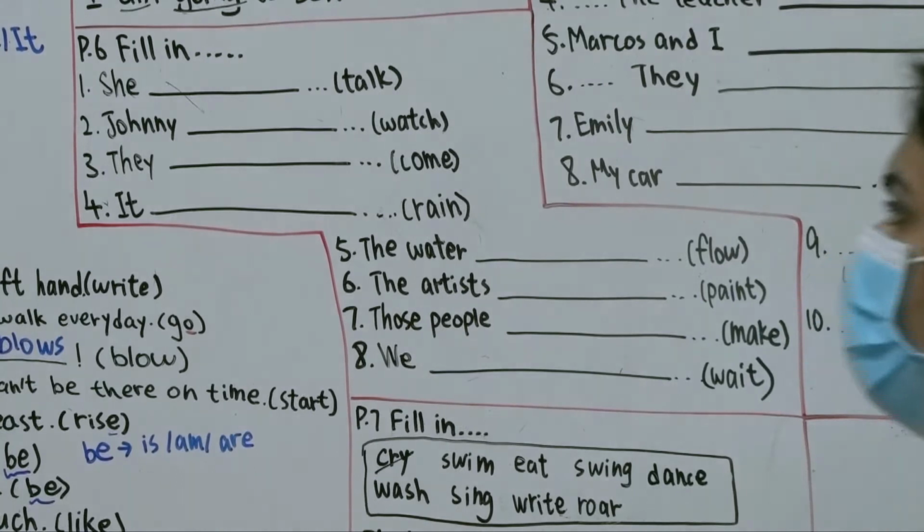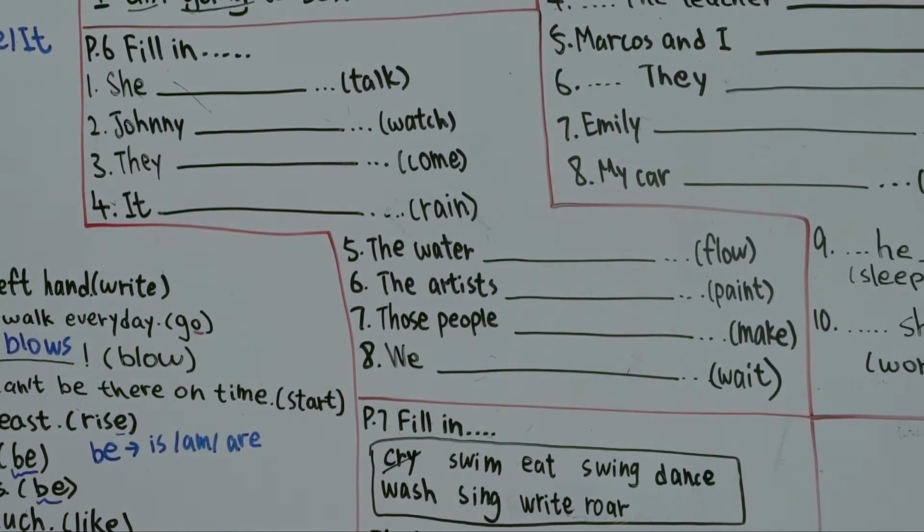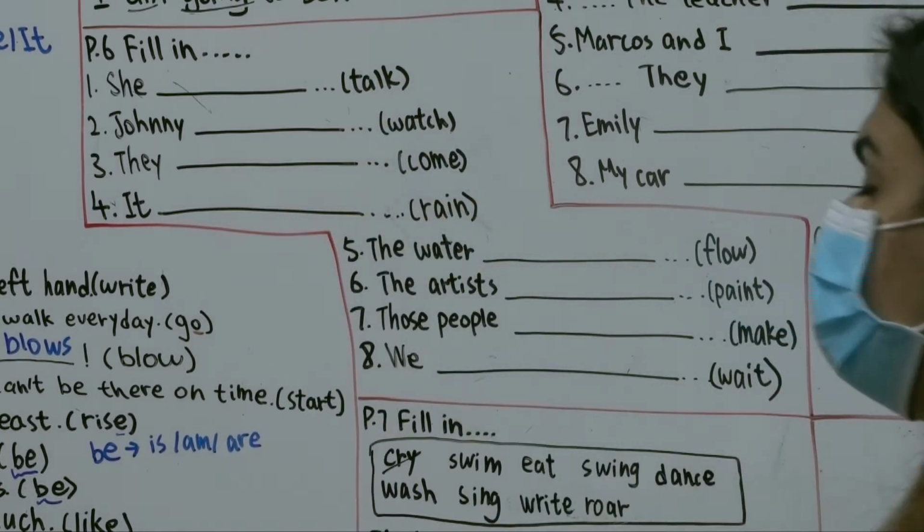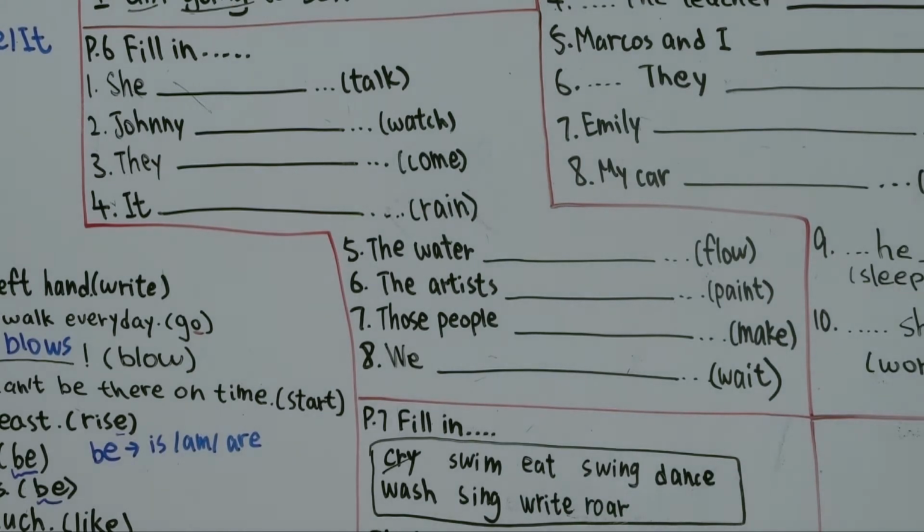Okay. Can you do the first 4 for me? The example has been done, right? I am going to school. That was the example. So 1 to 4, you're going to do it on your own. And then we're going to check the answers together. So do it now.